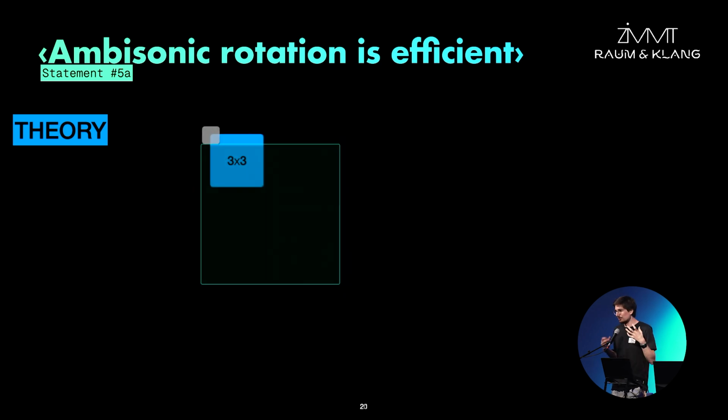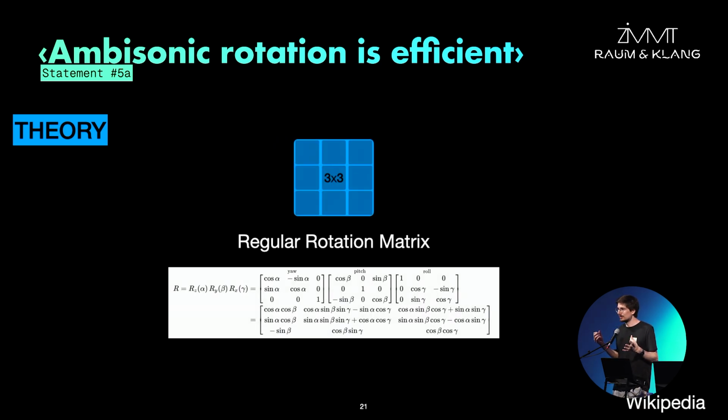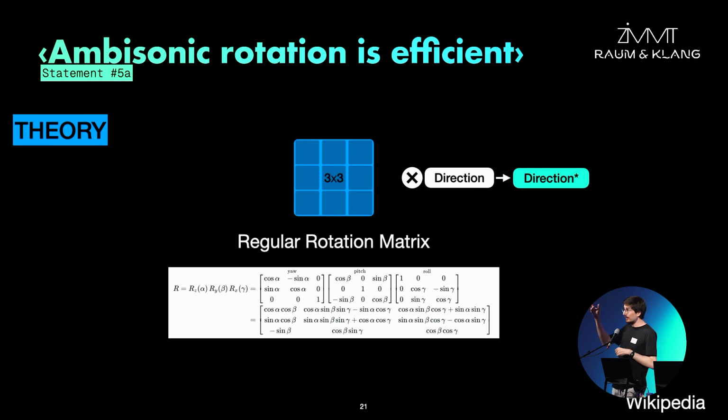Let's take a look how you would get these rotation matrices. So for the 3 by 3, it's quite easy. That's a regular rotation matrix you have in geometry. You have your yaw, pitch, and roll rotations. You combine them to a single matrix. And out of that, you can apply, for example, a vector here in space, like x, y, z, and rotate it around the origin. That's what we have here.